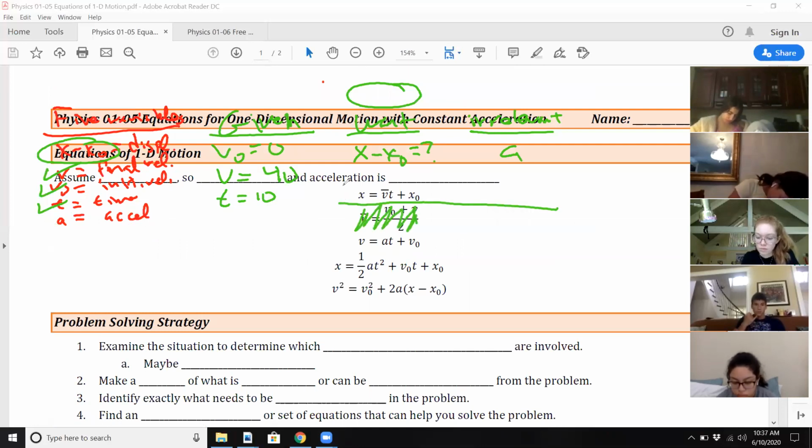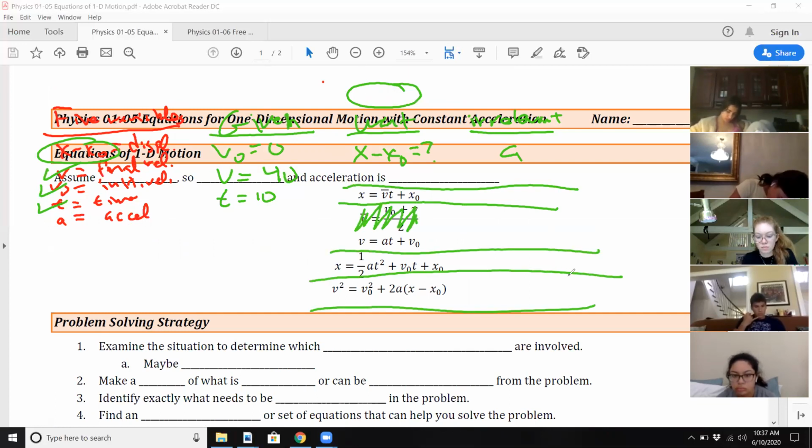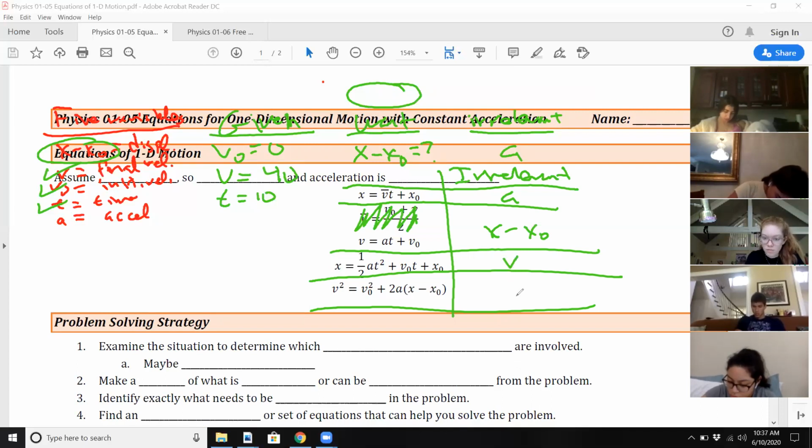You may want to add this to your notes: you're going to focus on those 4. Acceleration is irrelevant in the first one because it's not involved. On the second one, x minus x0 is irrelevant. In the second to last one, v is irrelevant, and here t is irrelevant. This is how you tell which equation to use.